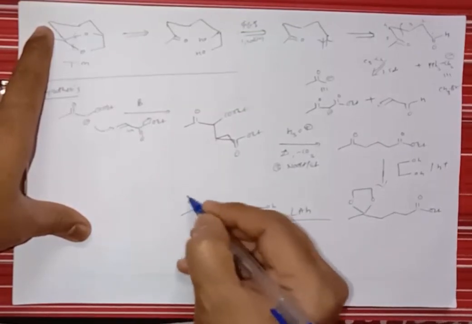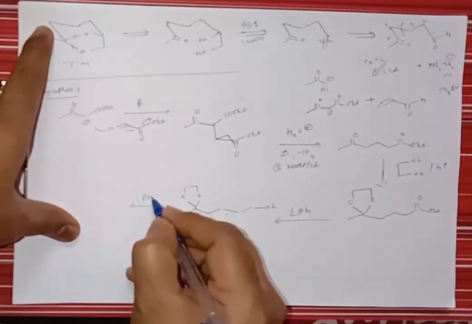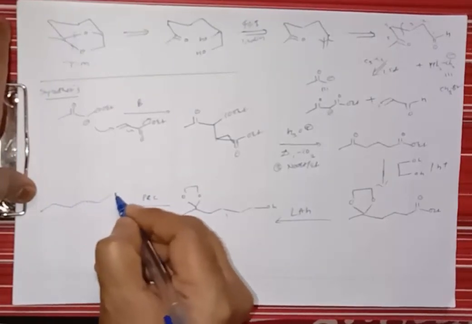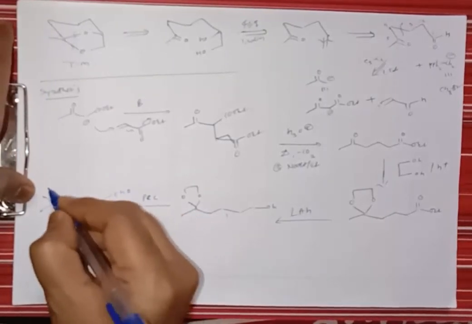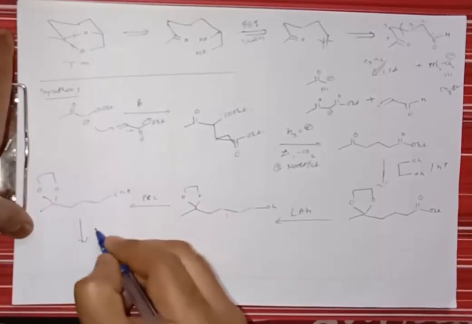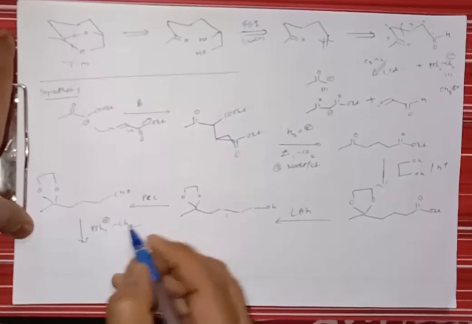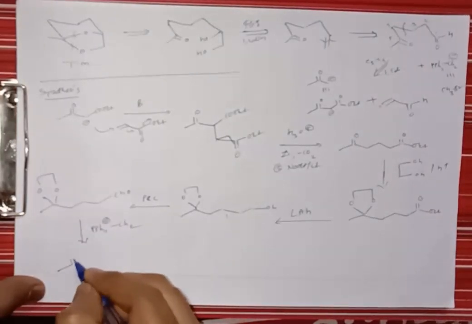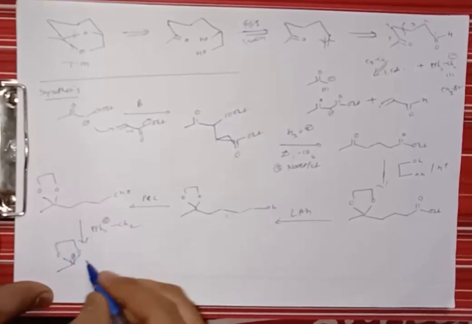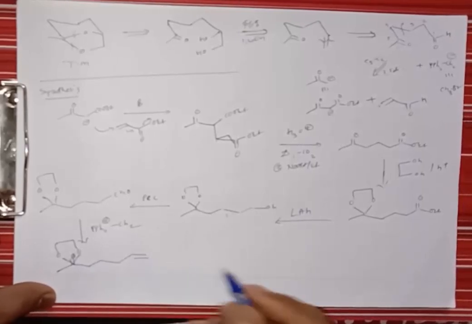alcohol, OH. So here is the acetal, and now again we have to oxidize this alcohol and convert it into an aldehyde, CHO. Here the acetal remains as it is, right? And now we do the Wittig reaction, that is Ph3P+-CH2-, and it gives the protected acetal, then CH2, then CH2 double bond here, right?